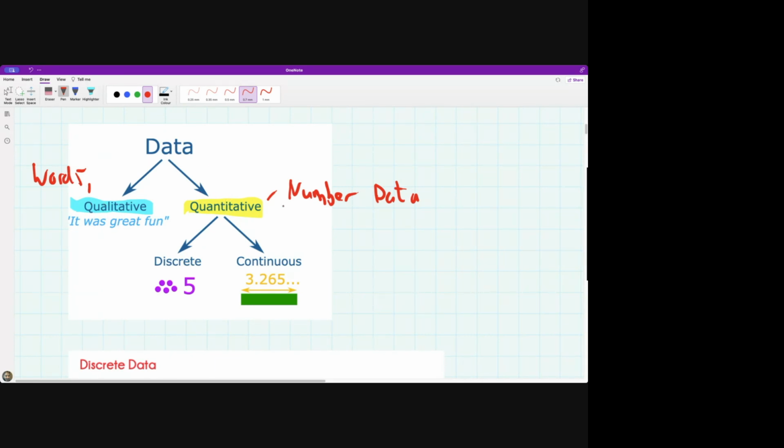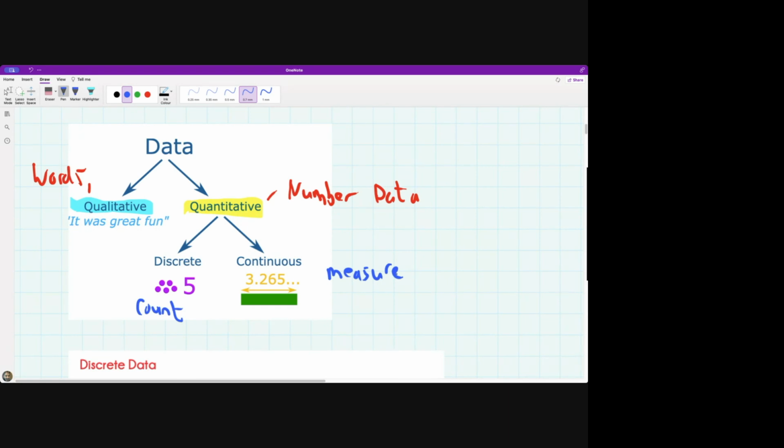Within the number data, we have what's called discrete data. This is data that you can count, and where you don't normally have half pieces, or if you do, it's countable. Like you can count how many fingers you have, how many toes you have, how many people are in the room. These are discrete data quantities. And then continuous data is data that can fall anywhere on a range, and we normally talk about continuous data being measured.